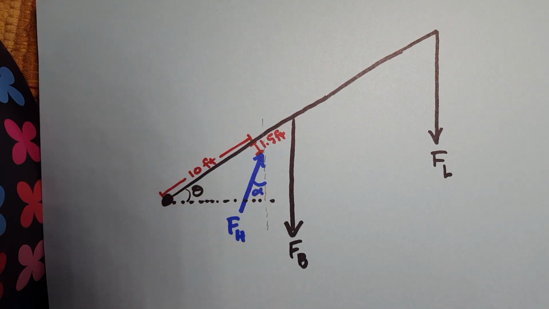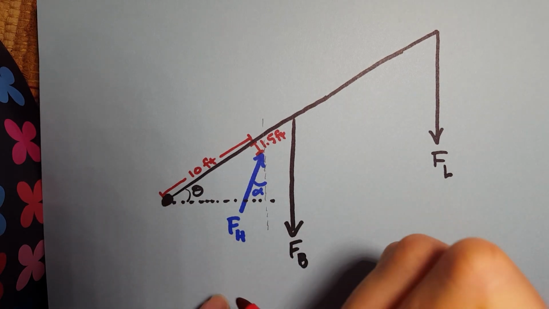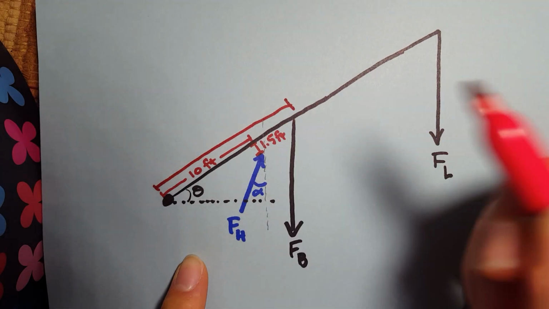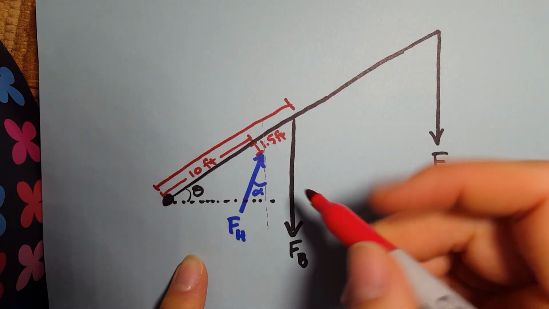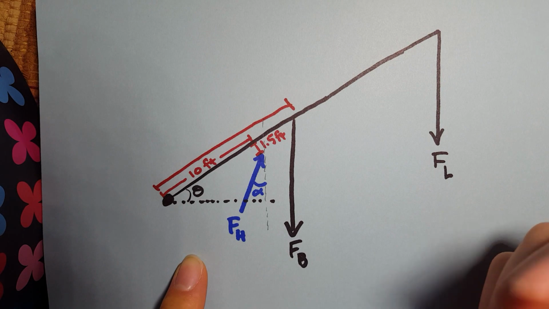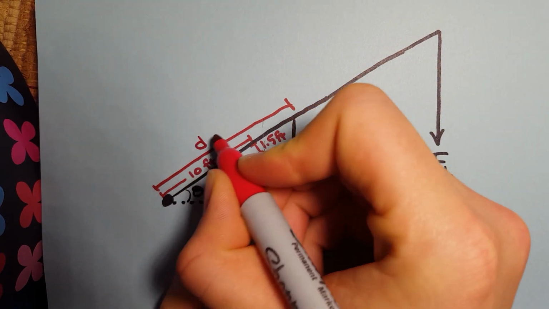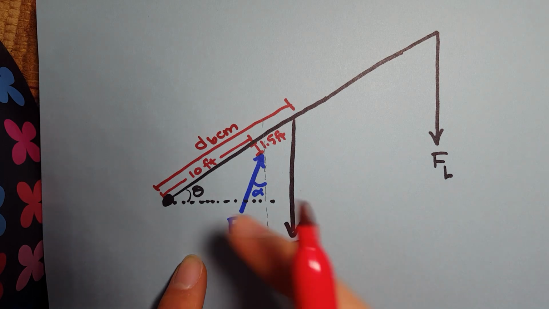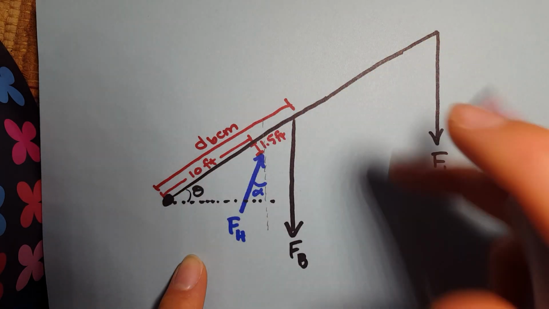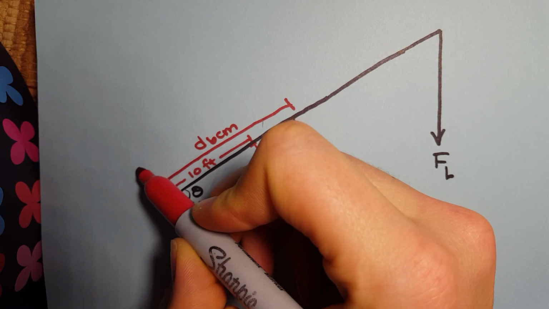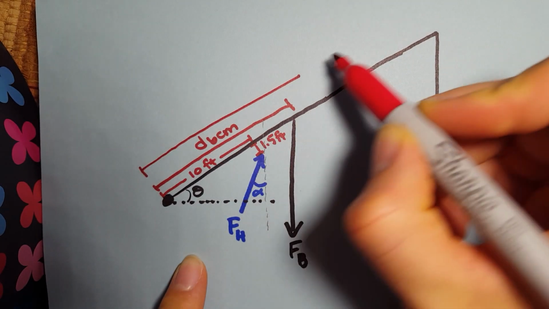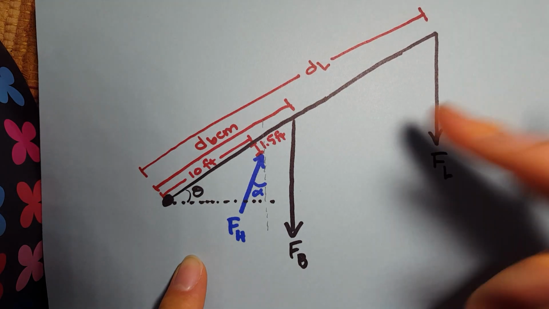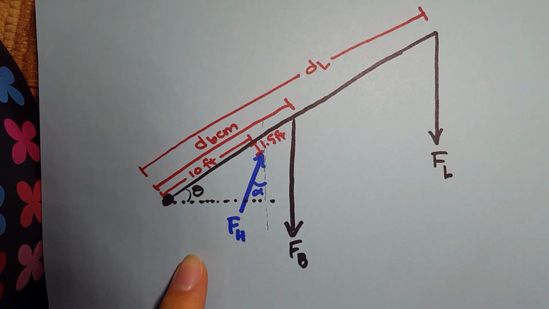The things that are going to be different for different groups are the distance to the center of mass of the boom, which for now I'll call D boom center of mass, so DBCM. And then the whole length of this elevated boom I called DL. This is just the distance to where the load is attached to the boom.